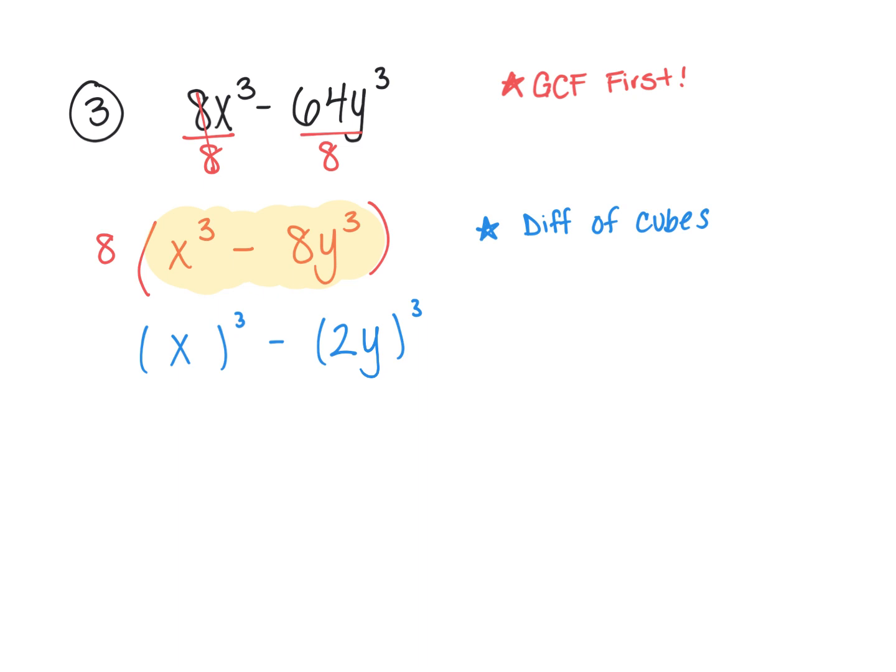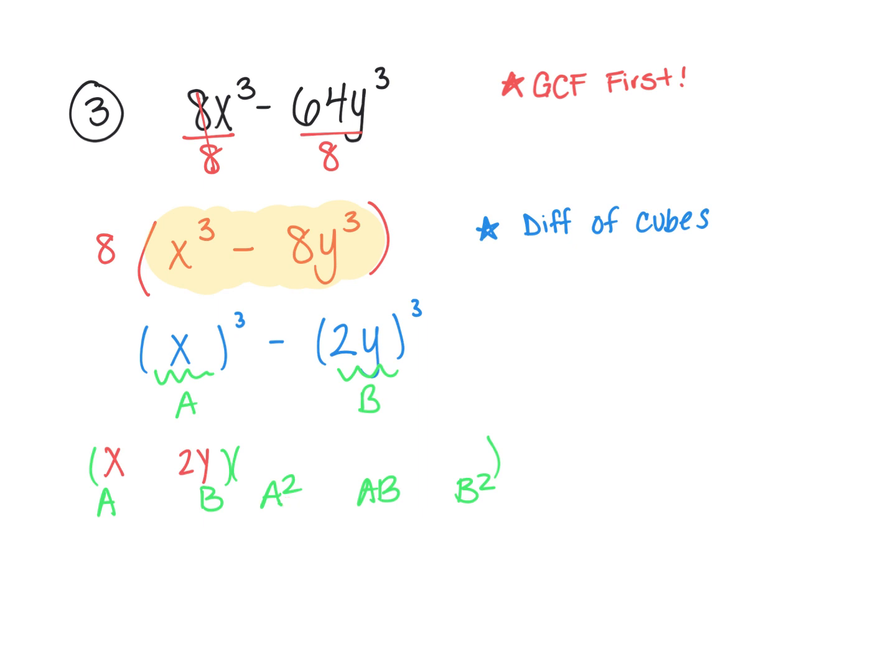Second step is let's label this first one as an A, second one with a B, and let's do small parenthesis, long parenthesis: A, B, A squared, AB, B squared. So A goes in here, A is x. B goes in here, B is 2y.